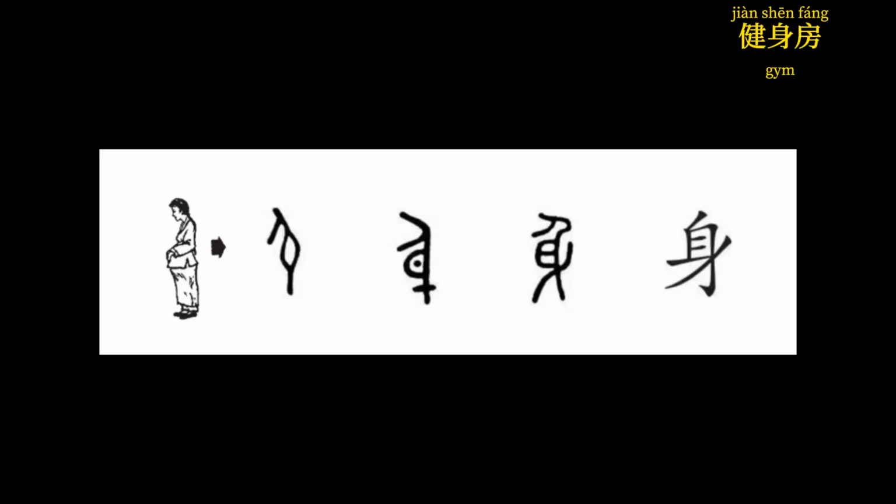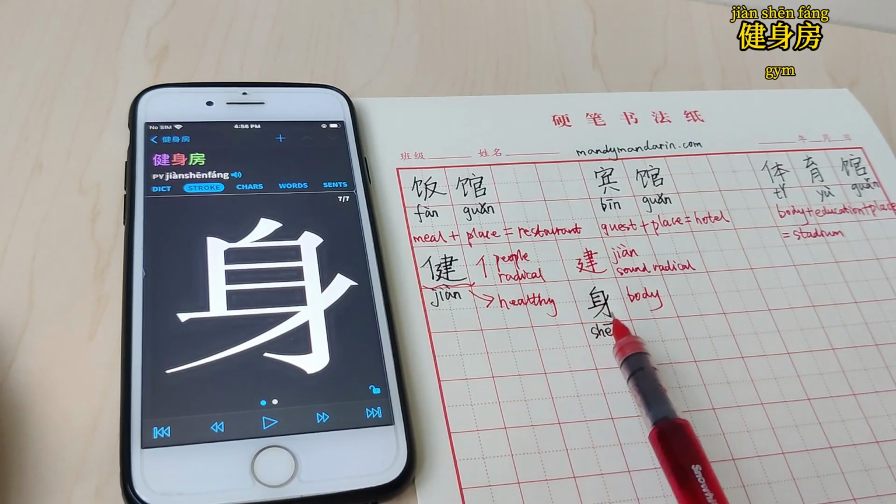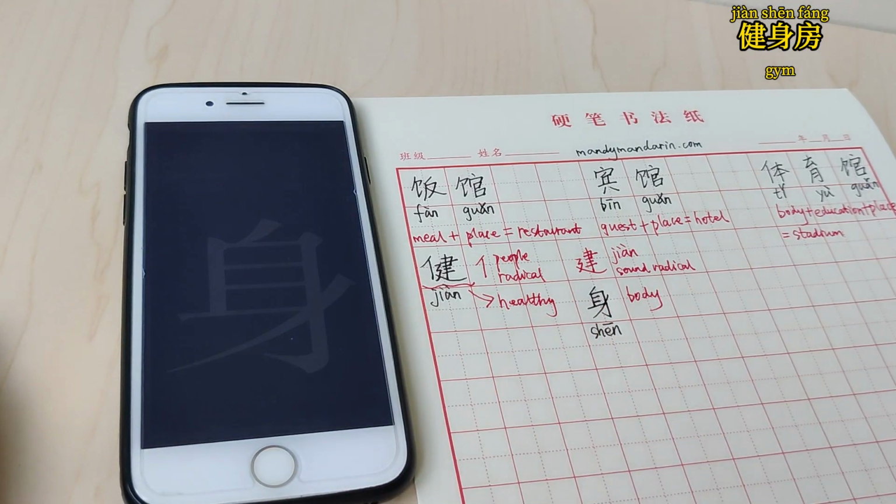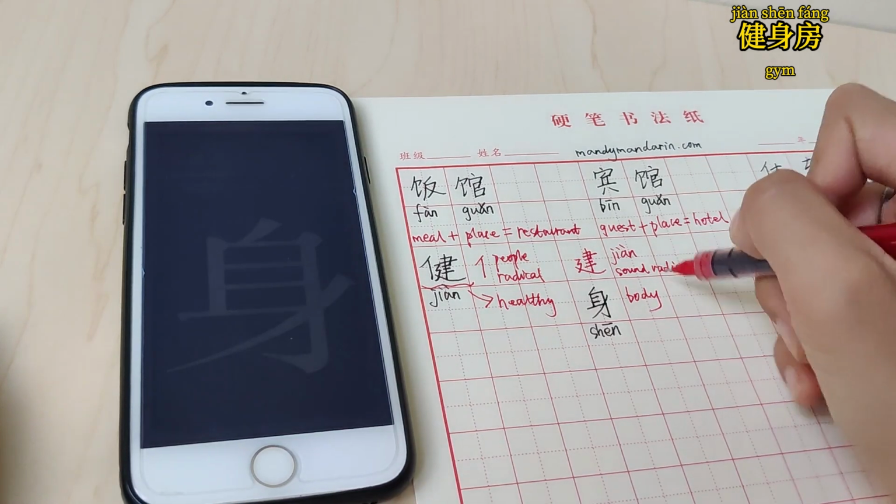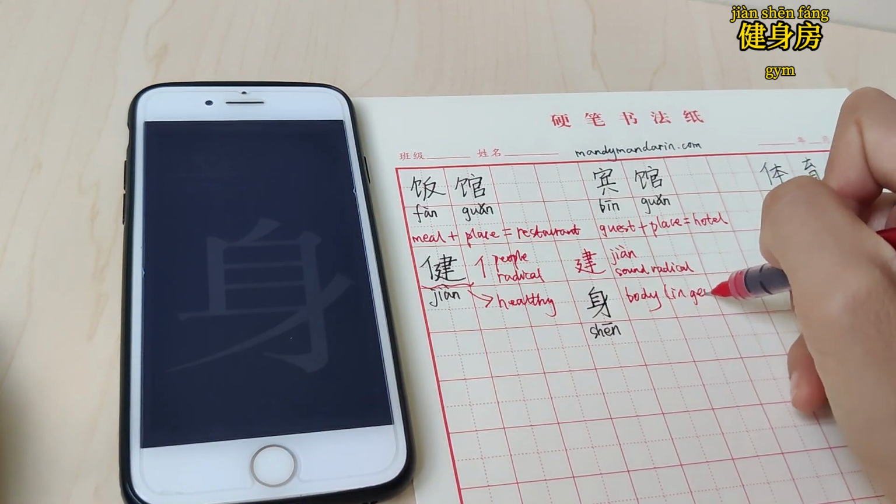Here is the picture of the evolution of this character, 生. So originally, it refers to a pregnant lady's body. And here is the belly part. Nowadays, the word 生 is not specifically referred to a pregnant lady's body. It refers to the body in general. Okay, general.